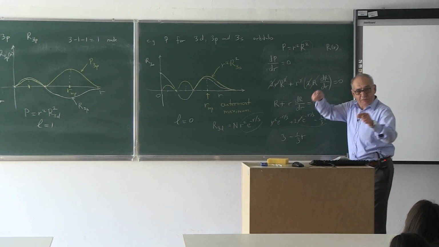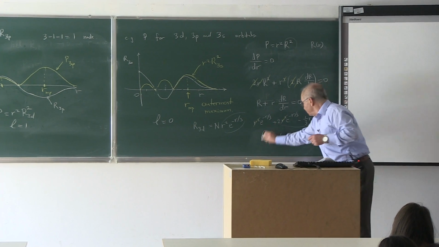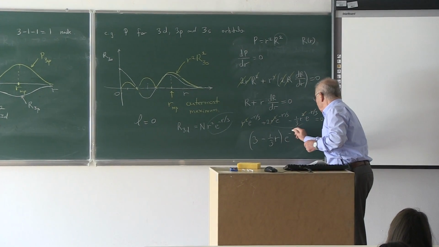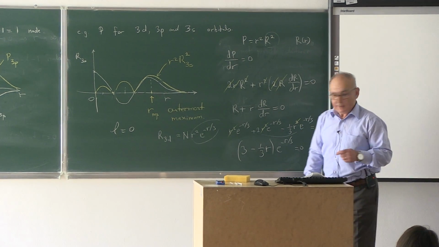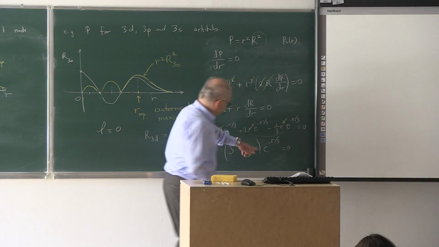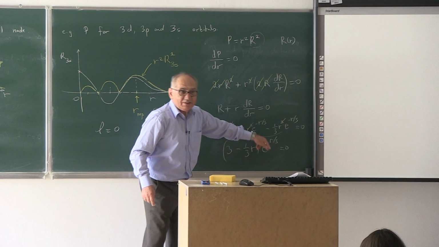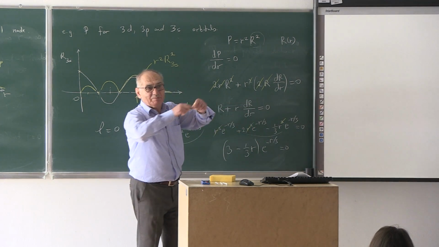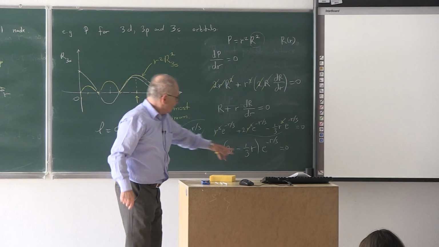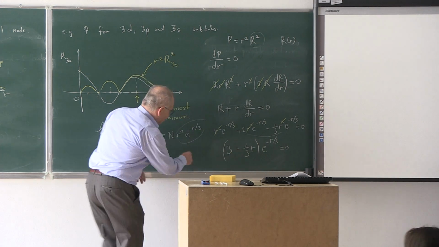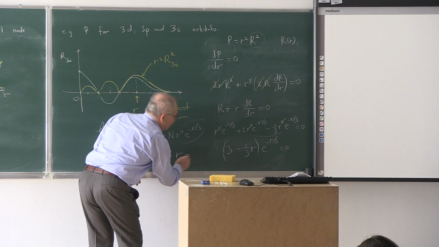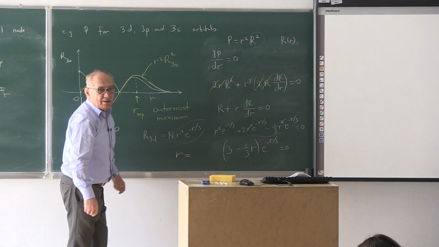This is the factor of e times e to the minus r over 3. And this has to be equal to 0. Because the exponential never becomes 0 between 0 and infinity, this factor must be 0. So that means r value has to be, what is it? 9.